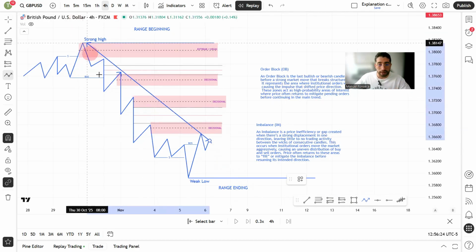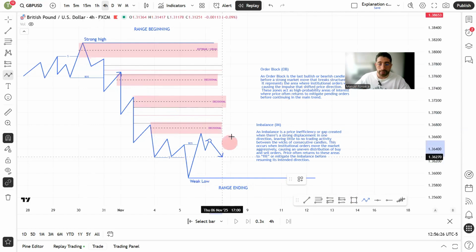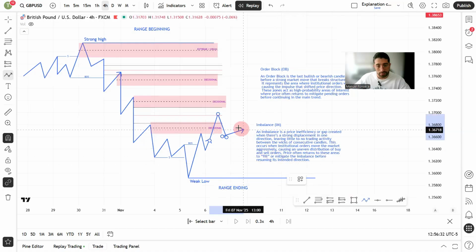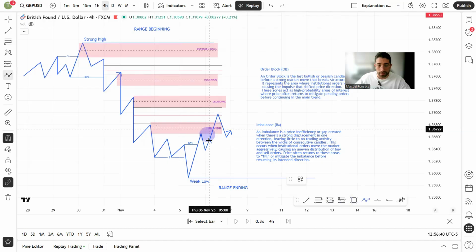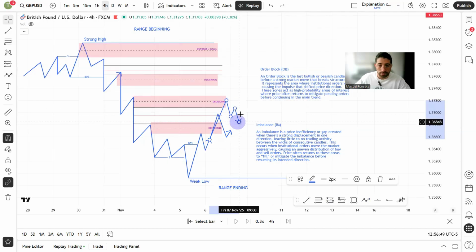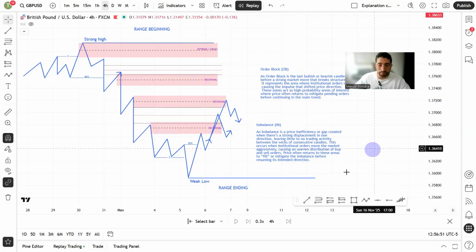So if we have a bearish range, the price can get to this imbalance and have a reaction. That's one possibility. Or the price keeps pushing up a little bit more, enters this order block and goes down, having the reaction we're expecting.